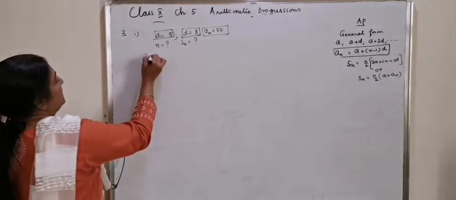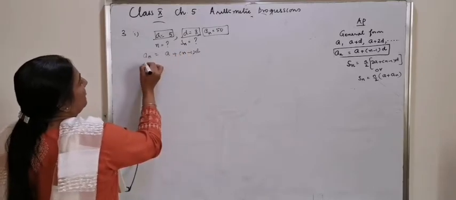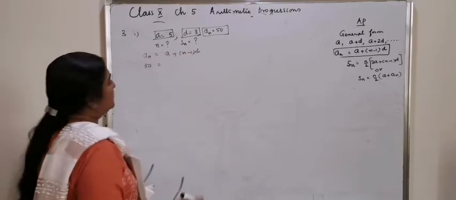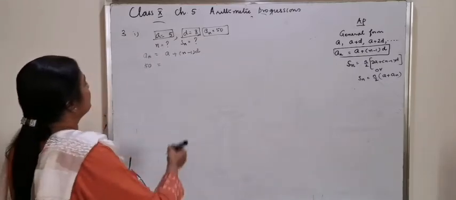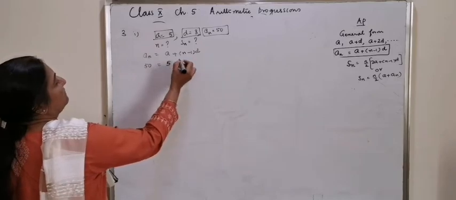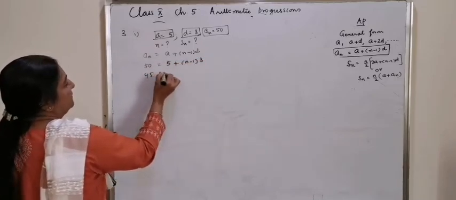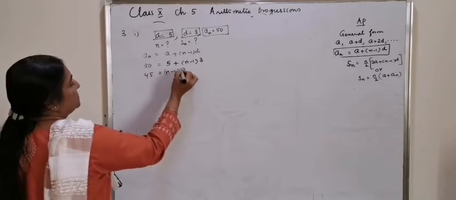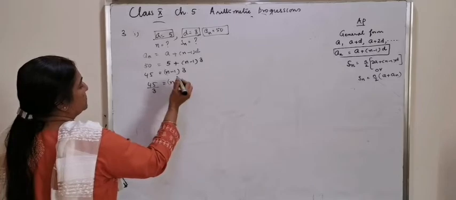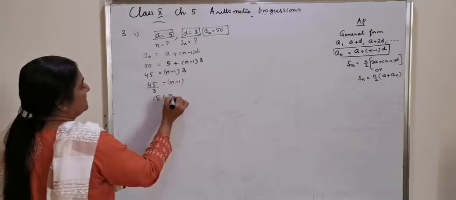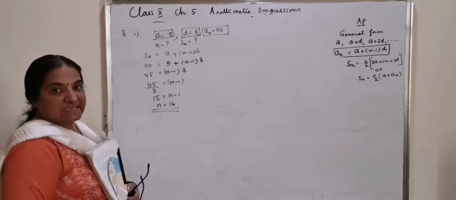So An is equal to A plus n minus 1 into D. 50 is equal to 5 plus n minus 1 into 3. 45 is equal to n minus 1 into 3. 45 by 3 is equal to n minus 1. 15 is equal to n minus 1. n is equal to 16.